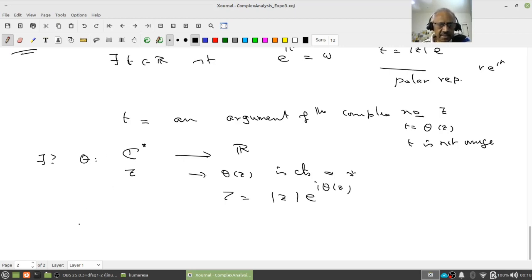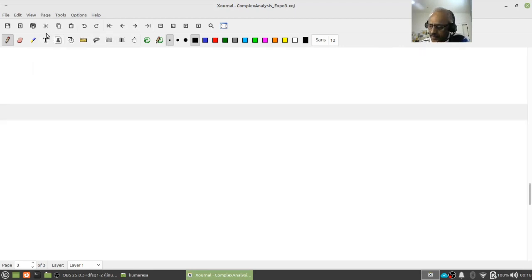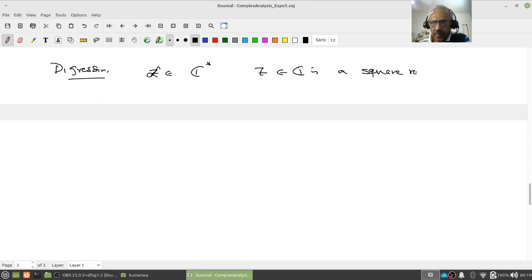Okay, let us have a digression. Let us look at C star. Let us say we start with an alpha here. Then a complex number z is a square root of alpha if z squared equals alpha.